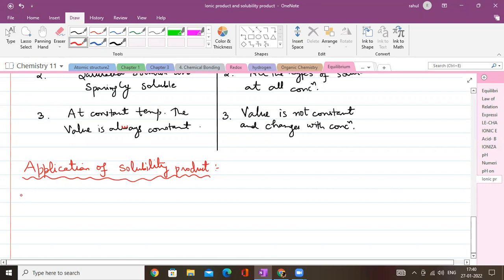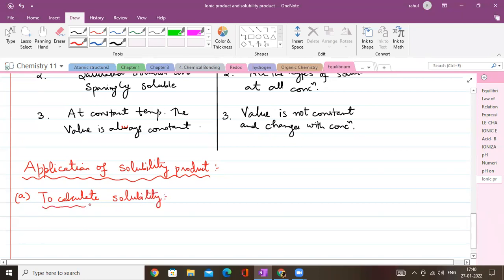So the first application of solubility product is, of course, to calculate solubility.